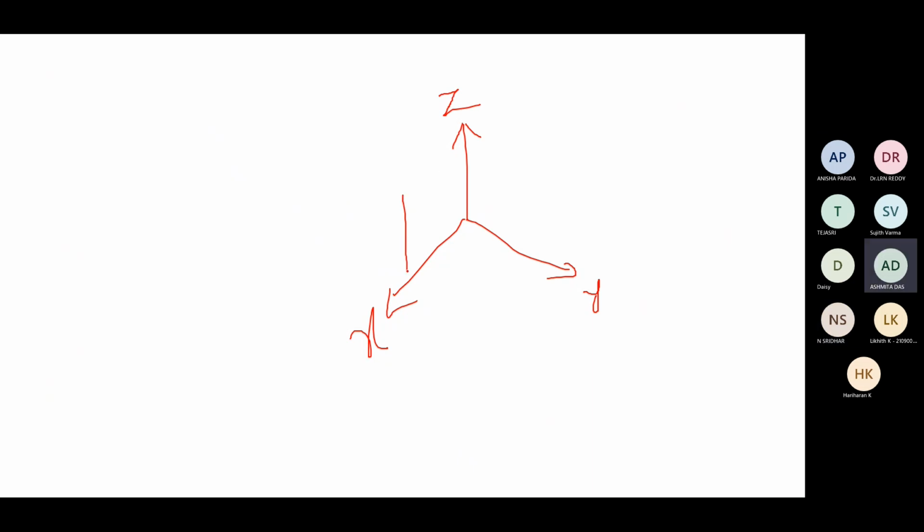The plane cuts x-axis at 2, z-axis at 3. So for the first step, what will we consider in the place of x intercept, y intercept, and z intercept?